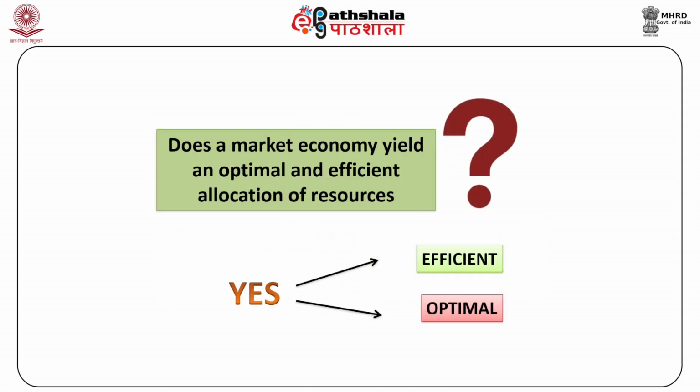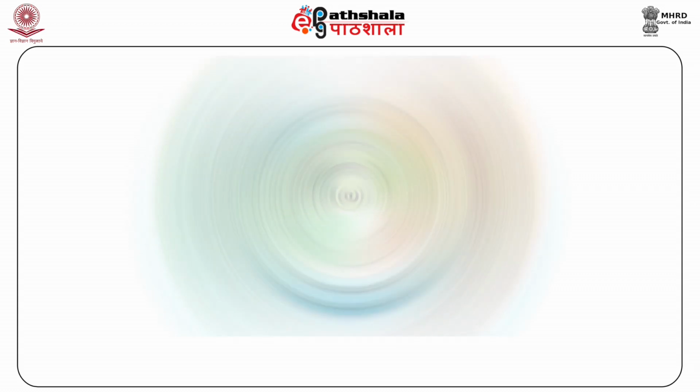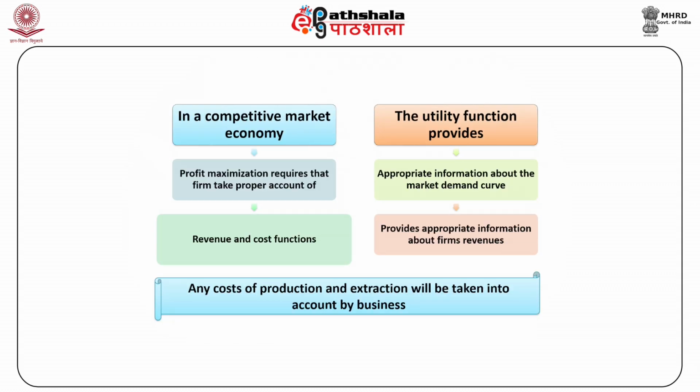Theories of optimal use of non-renewable resources. Let us start with a question. Does a market economy yield an optimal and efficient allocation of resources? The answer to this is yes, both efficient and optimal under certain circumstances. Efficiency of the market mechanism.